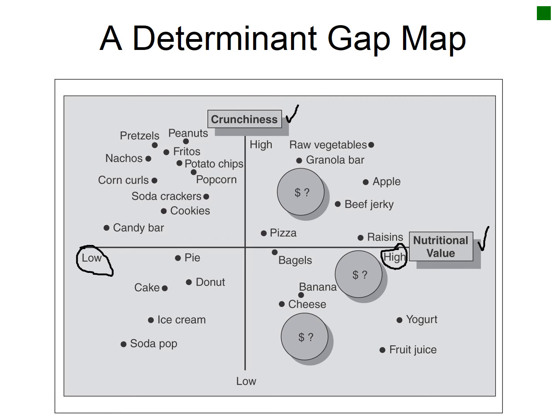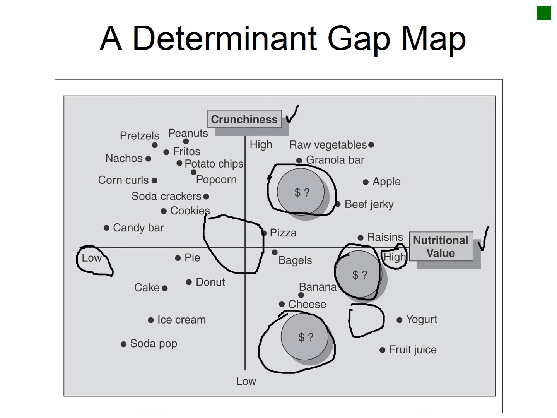The last thing I'll mention is that there are areas inside the gap map or the determinant map or perceptual map here that suggest areas that are underserved. There are areas in this map where products don't necessarily exist, but a product could exist.